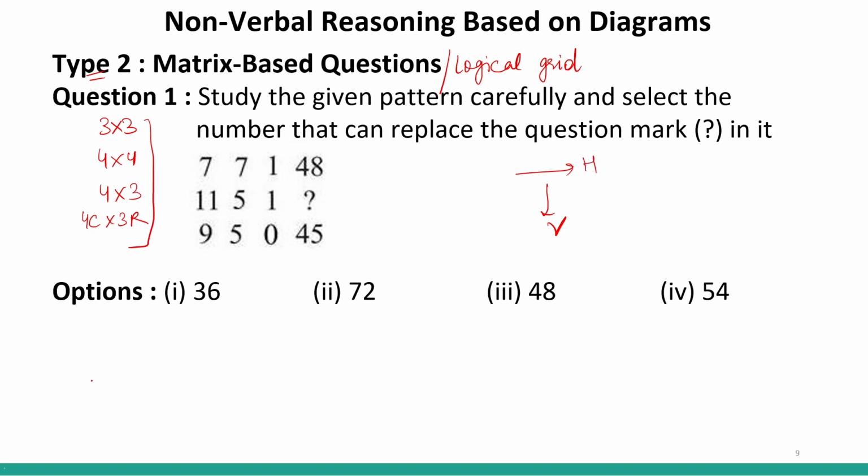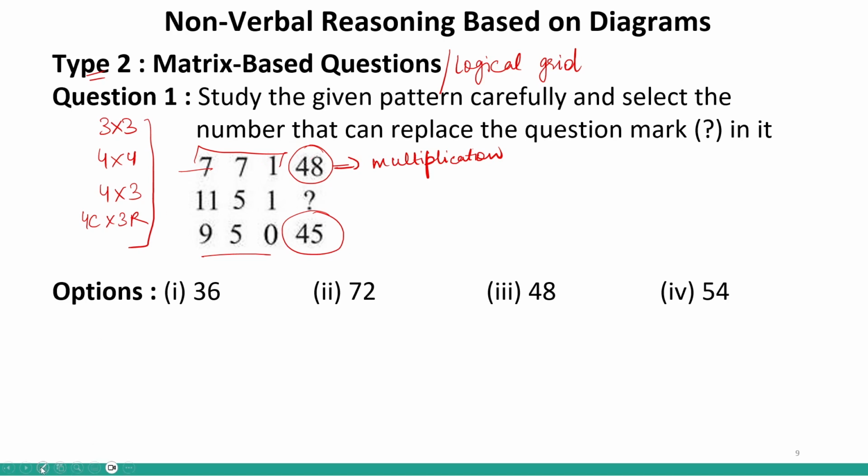Correct? Now, when I look at this question, I can see that these numbers 48 and 45 are much bigger than these numbers. Comparatively, 7, 7 and 1, 9, 5, 0, this is much bigger. So whenever we see a huge jump in number, we assume that we are doing multiplication. Correct? So on assuming that we are doing multiplication, some operation is being done on these 3 numbers to obtain the 4th column.